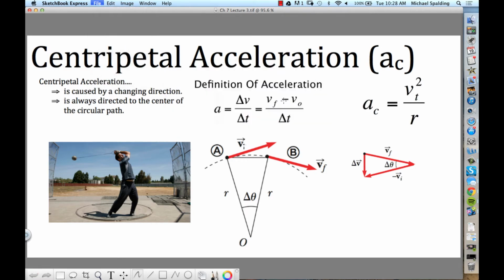Now, why would we refer to it as center seeking? Well, look, centripetal acceleration, and I'm going to show you why. I'm going to give you a little vector proof. Centripetal acceleration always points to the center. It's always to the center of the circle. So here's a little vector explanation why.